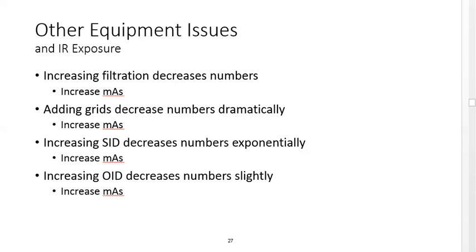Then you increase your OID so that 10% of the photons that are scattered inside of the patient miss the image receptor, and your image receptor exposure is 10% less than ideal. So what you would have to do is increase your mAs. The amount of technique change that you need for an increase in OID compared to everything else is pretty insignificant, but it does remove some photons, and therefore you have to increase your mAs with the increase in OID.